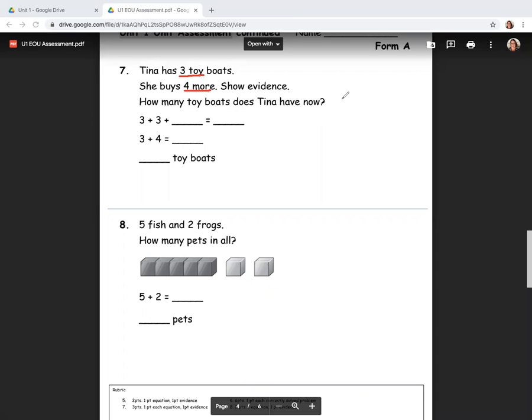You're going to use your addition doubles plus 1 strategy. Draw a picture of 3 boats and 4 more and use your addition doubles plus 1 strategy. Go ahead and solve. Draw your picture and put your answers here.